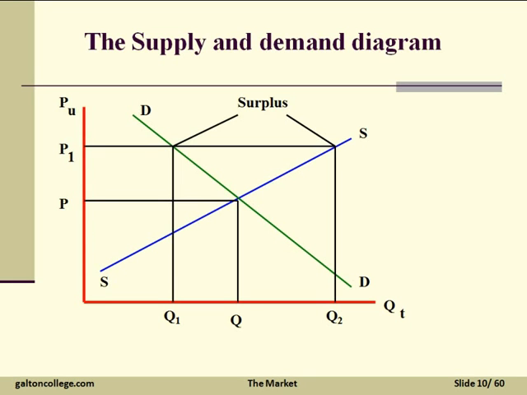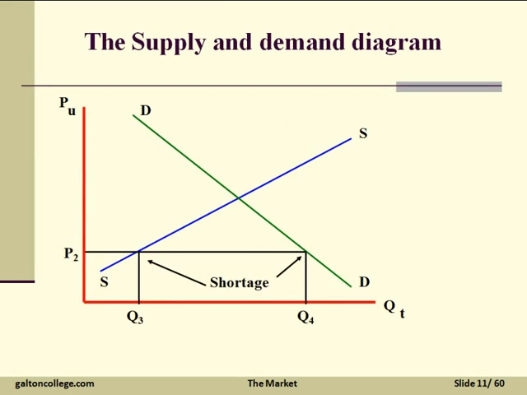So two things are happening here. One, the demand is expanding because the price is falling, and because the price is falling, the supply is also being restricted. Both of these acting together leads us down to the equilibrium price. We can do exactly the same thing for a price of P2 where there's a shortage.